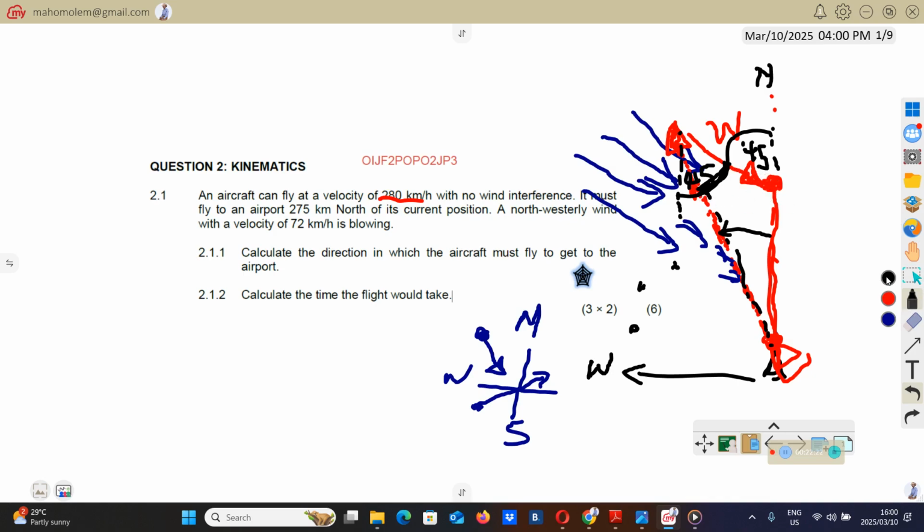And then as well, if you draw a horizontal line like this, and a vertical line, you are going to have 90 degrees here and 90 degrees here. And then if this is 90 degrees, and this angle is 45 here, this angle here as well would be 45.